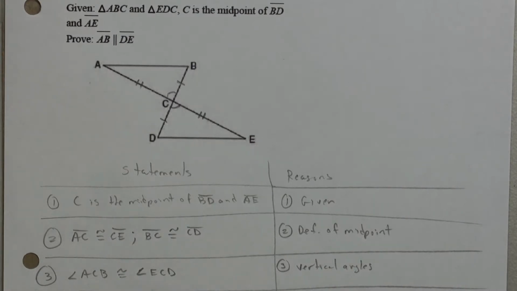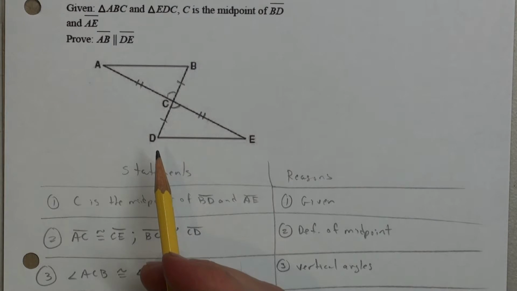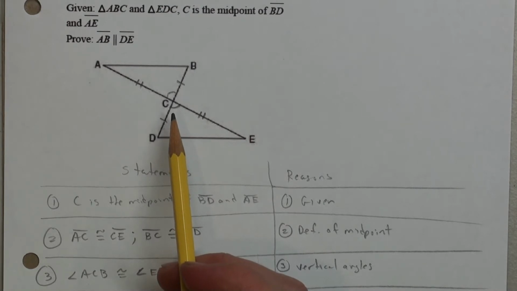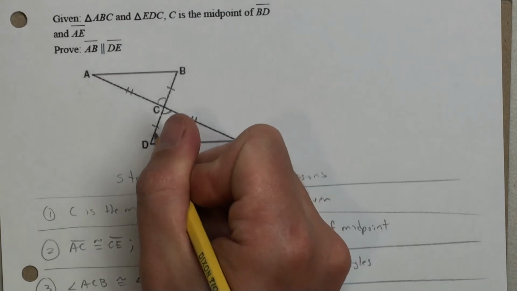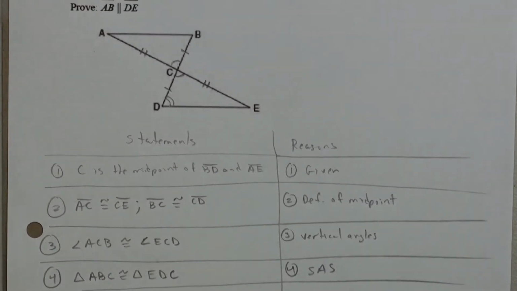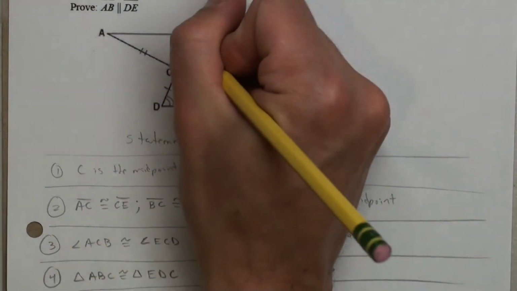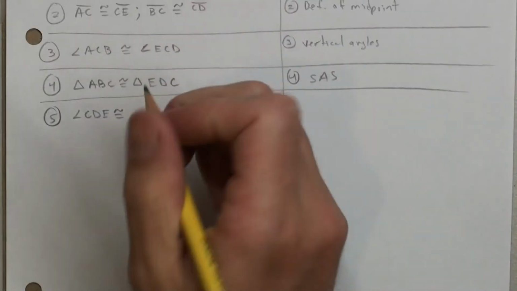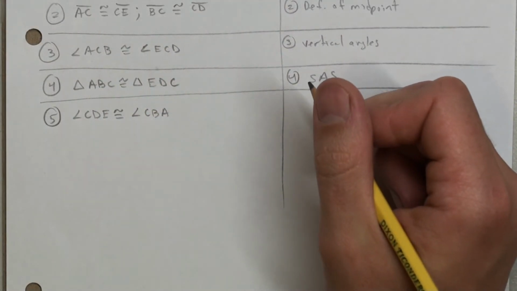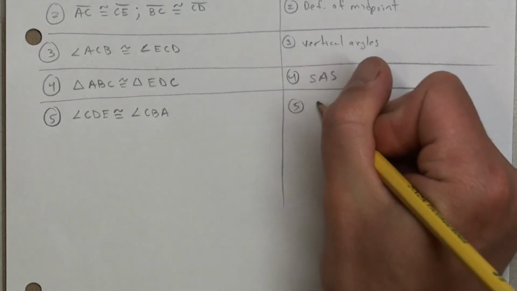So then for number 5, we could say that angle CDE is congruent to angle CBA. And that's because of CPCTC.